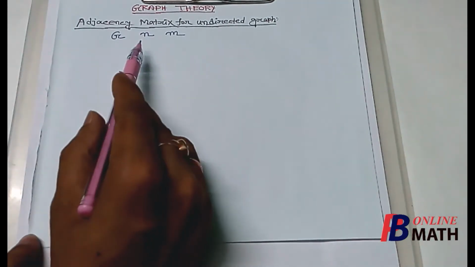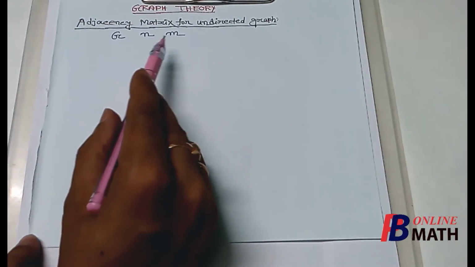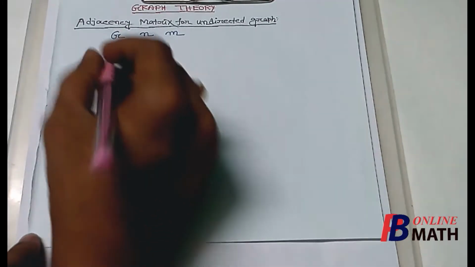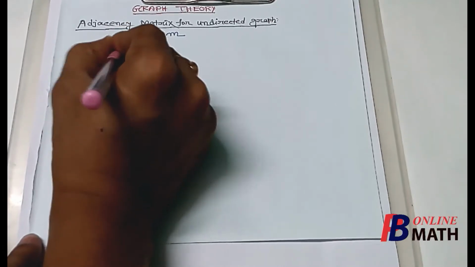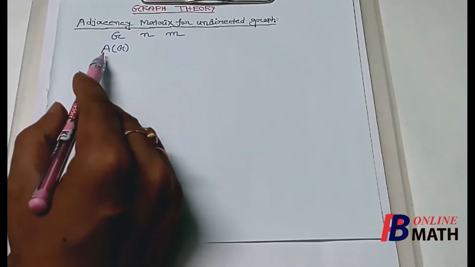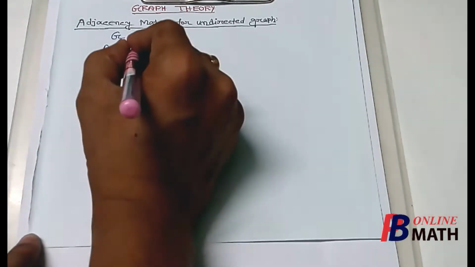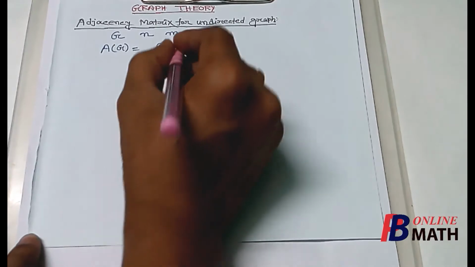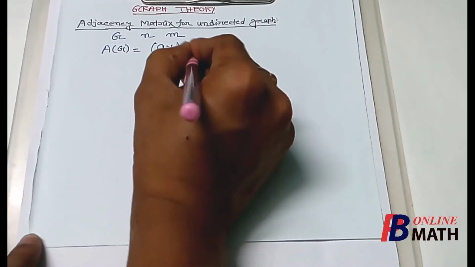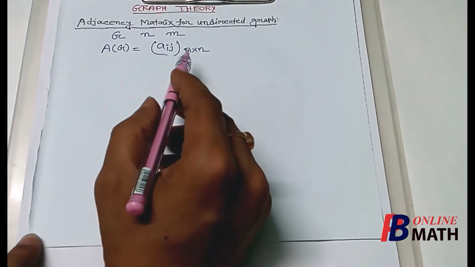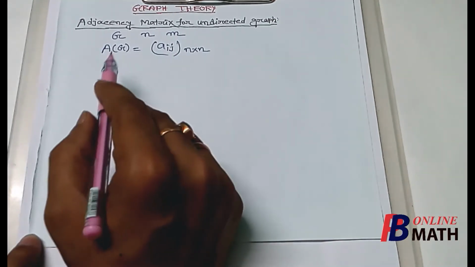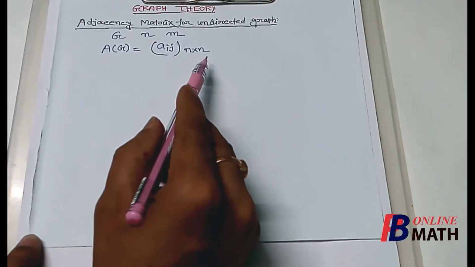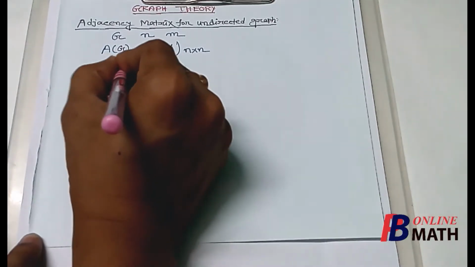Then the adjacency matrix will be denoted by capital A_G, the adjacency matrix of the graph G, and the elements will be called Aij. Actually this is a square matrix, n cross n matrix, where n is the number of vertices.